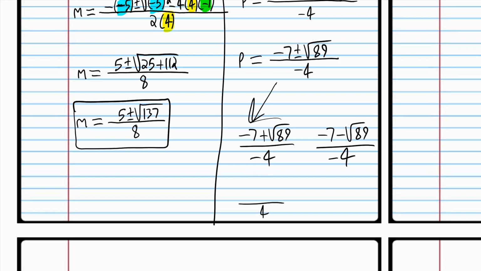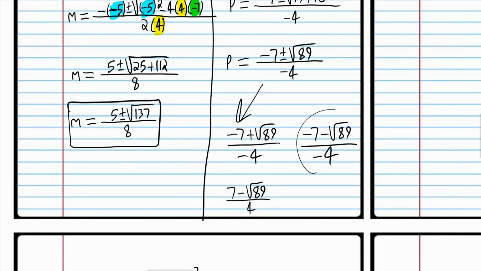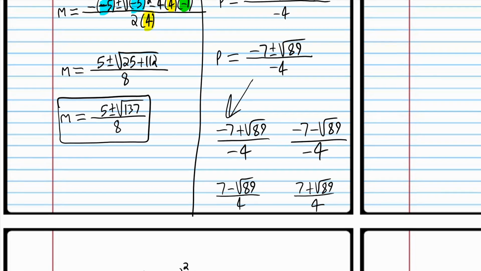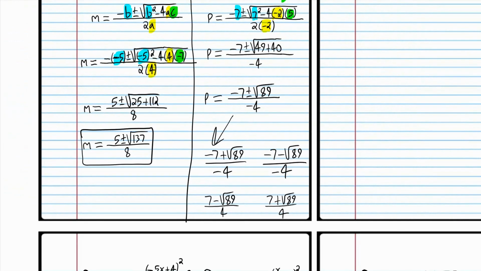Multiply the numerator, I'm going to use distribution, and we get 7 minus the square root of 89. So I multiplied both sides of this fraction by negative 1. Then I get 4 in the denominator. Using distribution, I get the following expression. So the two answers are 7 minus root 89 over 4 and 7 plus root 89 over 4.